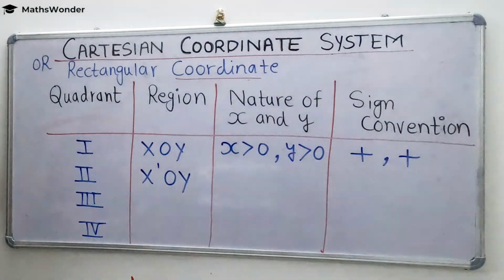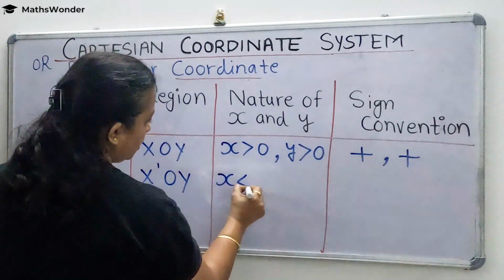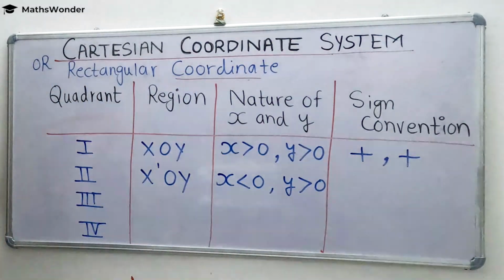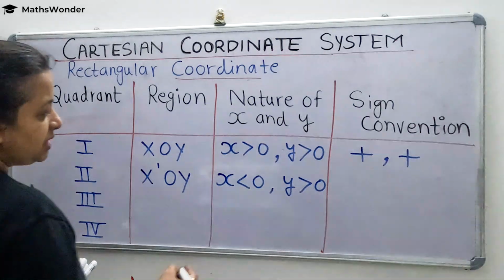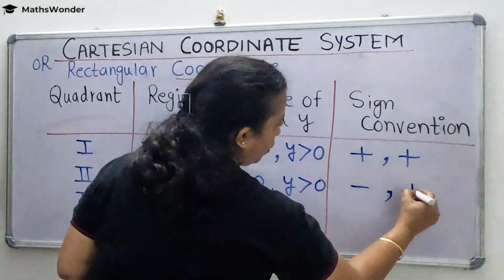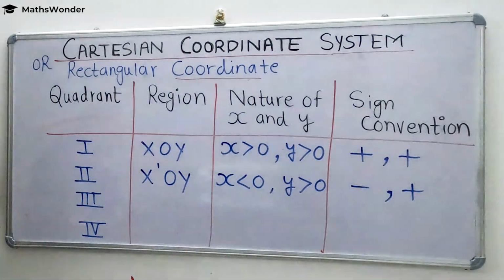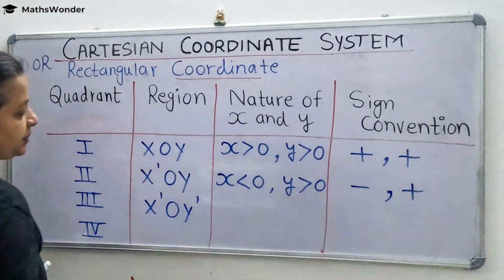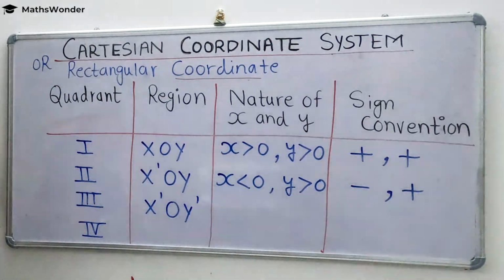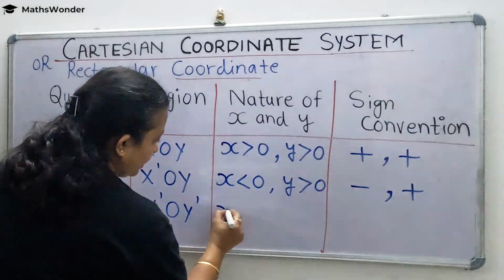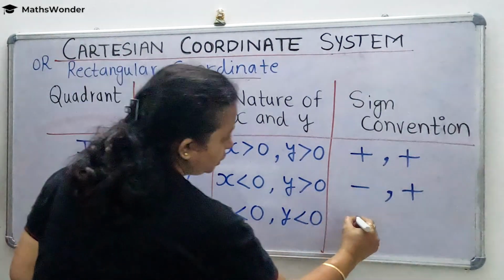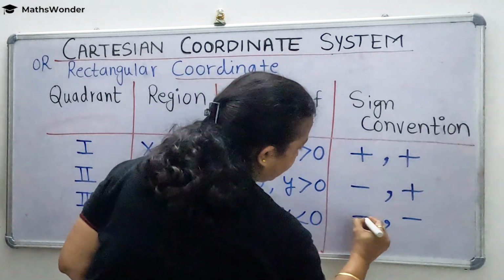Now x dash o y, where x is less than 0 and y is greater than 0. In this, which type of sign convention do we have? Negative and positive. Third was x dash o y dash. In this case, both are less than 0 and both are with the negative sign.